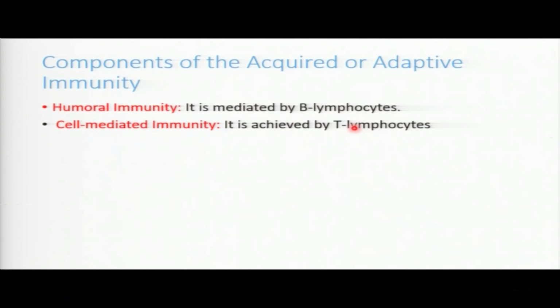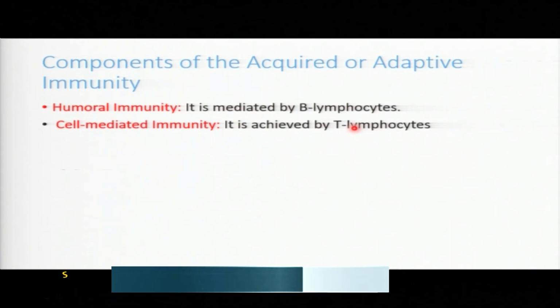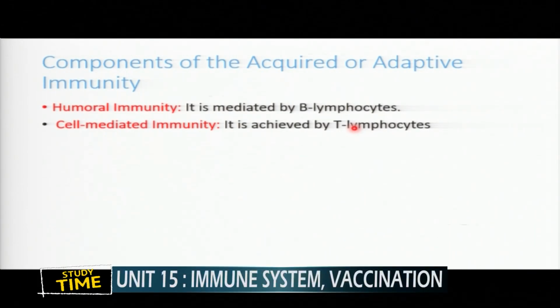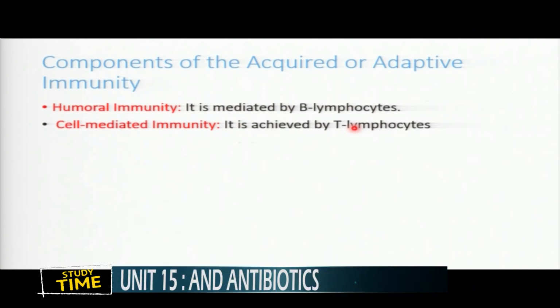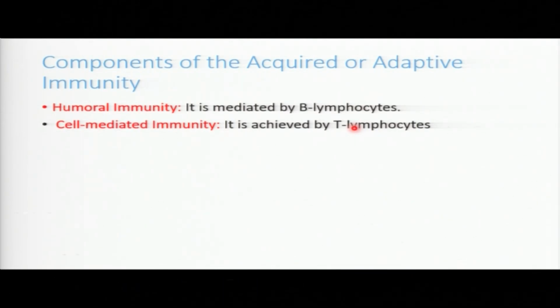So this B lymphocyte is there just to do what? To produce what you call antibodies. So we are going to see this. So this one is what you call humoral immunity. When these antibodies are used, they ensure the protection of our body.